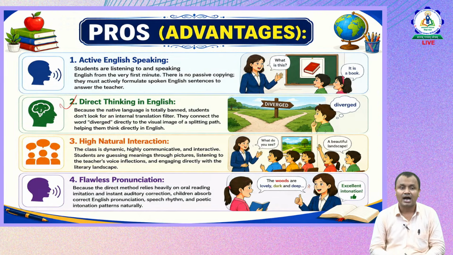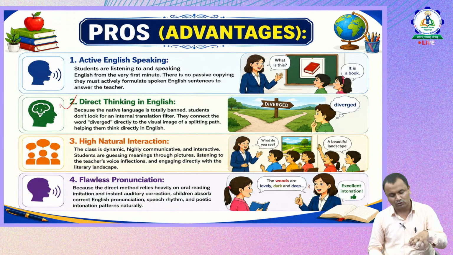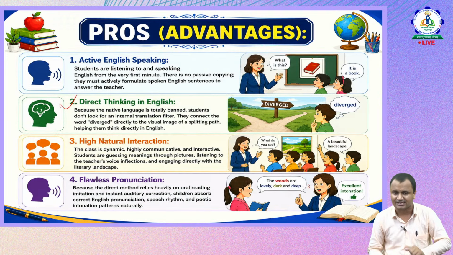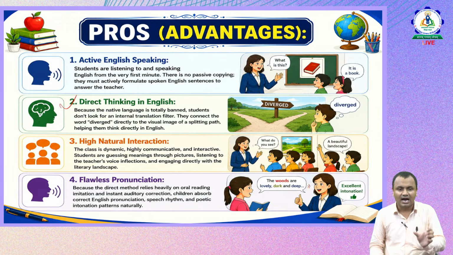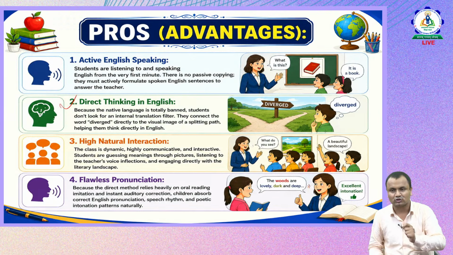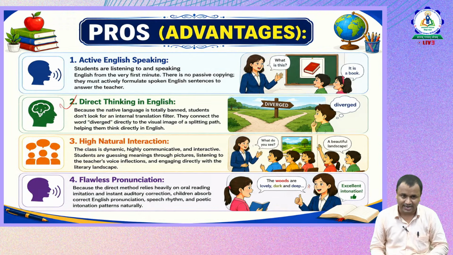And the last, high natural interaction. When we give the student the opportunity to speak daily in the classroom, definitely the student will get a natural, conducive environment to talk naturally. So it gives high natural interaction opportunities. When we are speaking daily in the target language and thinking directly in it, it will create a natural interaction environment.